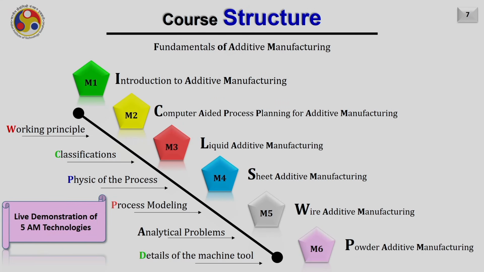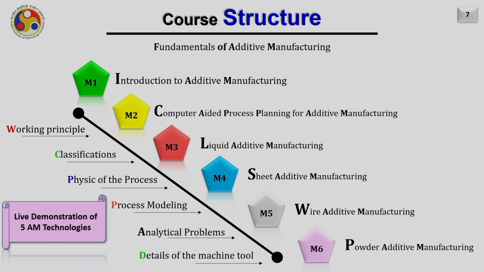After that, in the next 4 modules, we shall discuss different additive manufacturing technologies: module 3 is for liquid additive manufacturing, module 4 is for sheet additive manufacturing, module 5 is for wire additive manufacturing, and module 6 is for powder additive manufacturing.